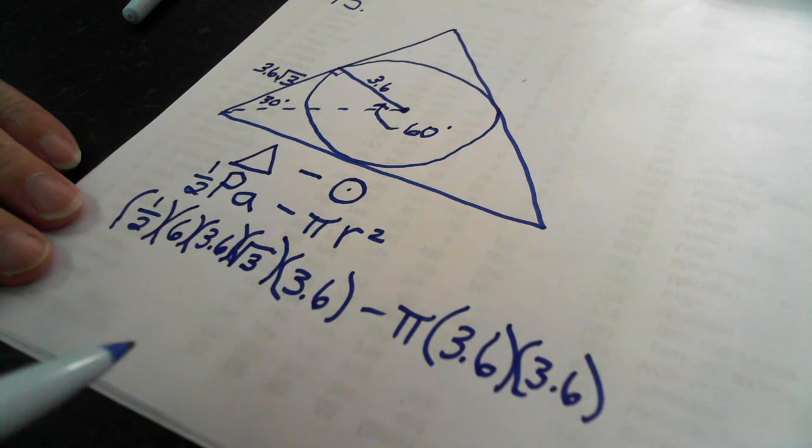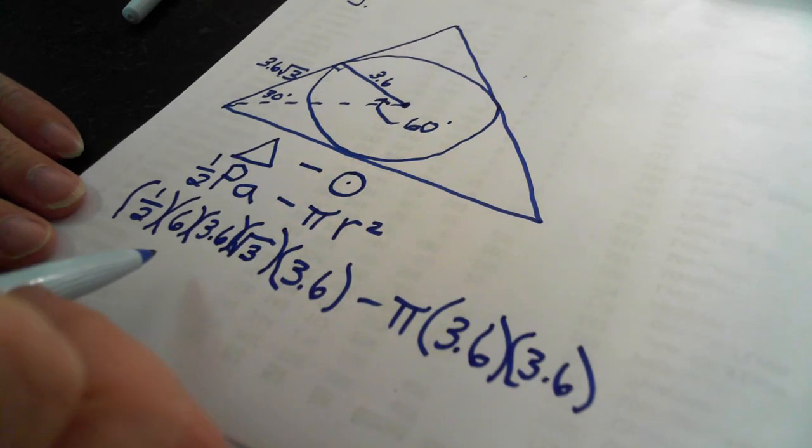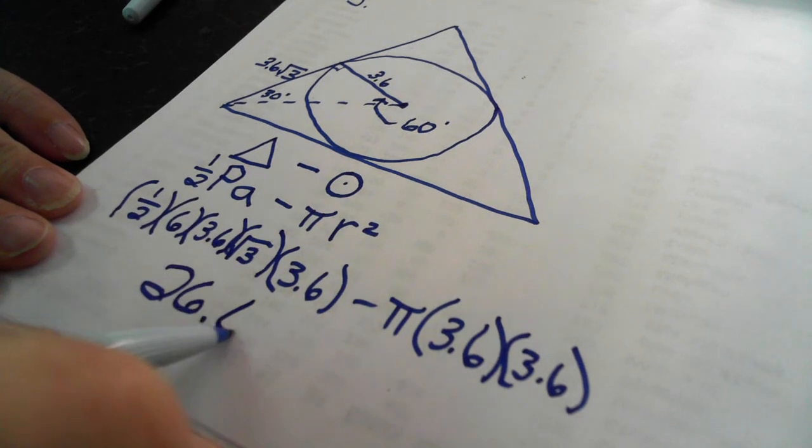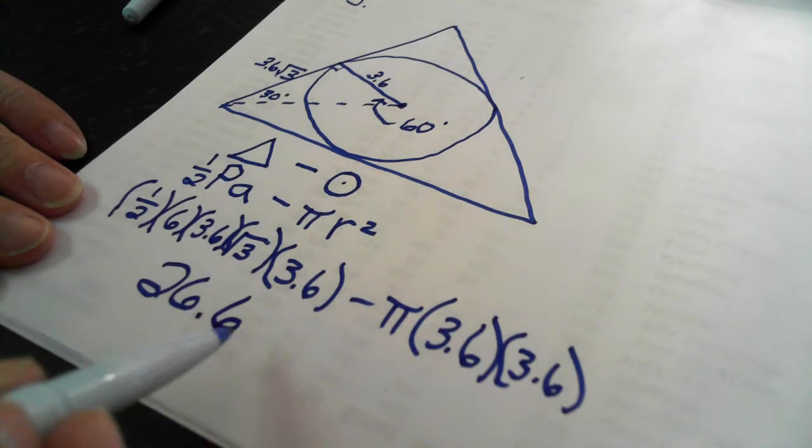All right, the audience is getting noisy, so we're just going to keep going here. If you did this correctly, you should get a number that, when rounded to the nearest tenths, would be 26.6.